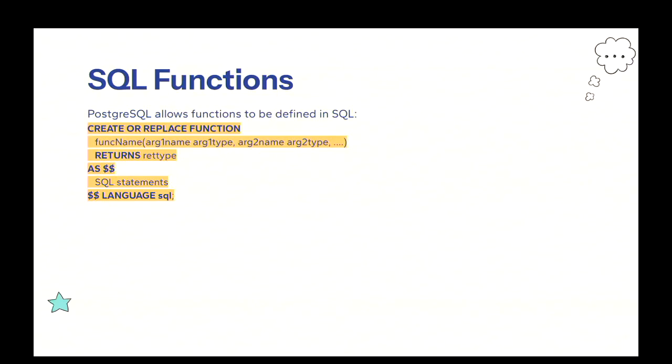It's a function name followed by a list of parameter names and parameter types. We also need to specify the return type, because an SQL function or stored function is expected to return something.